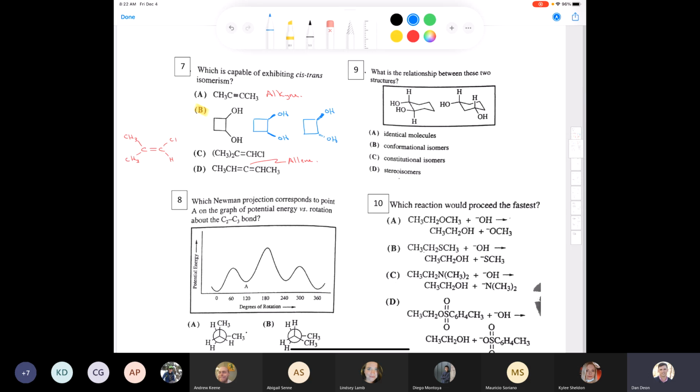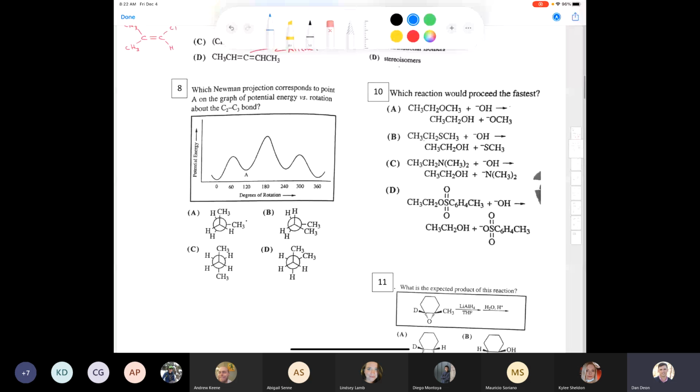Anyhow, good enough. Number 8 asks us which Newman projection corresponds to point A. So this point right here on the graph of potential energy versus rotation about the carbon-2, carbon-3 bond. And if you look at all the possible answers here, you see that the molecule is butane.